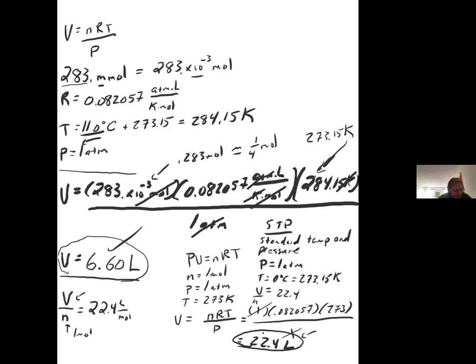And so you just take the number of moles and multiply it by 22.4, and that'll give you the volume, okay? So that's the ideal gas law, or equation of state. They call it the equation of state, which is fine. That's a more technically correct name for it.